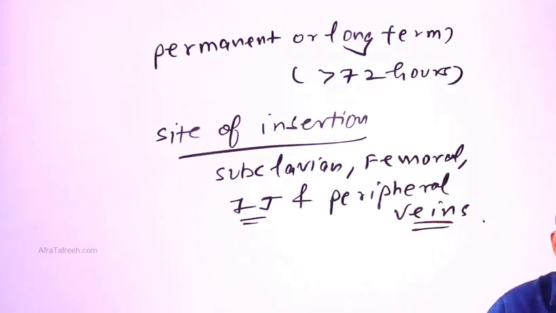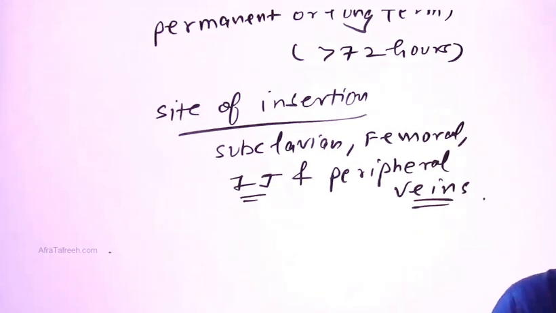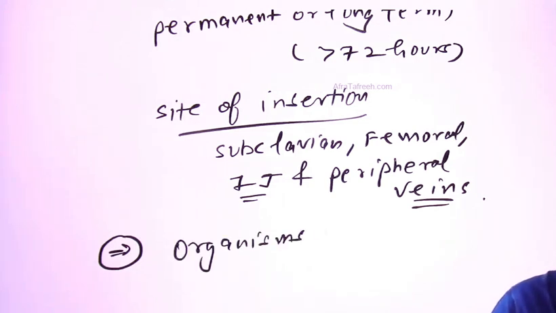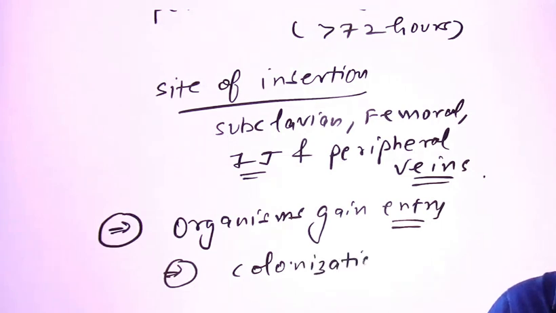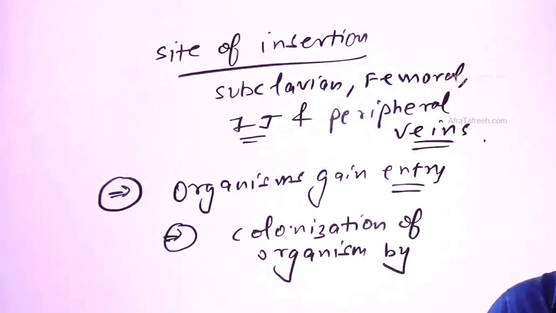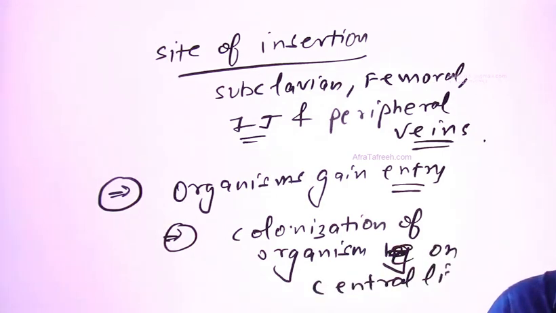Okay, then how does the infection happen here? Organisms gain entry due to the colonization of the organism on the central line.